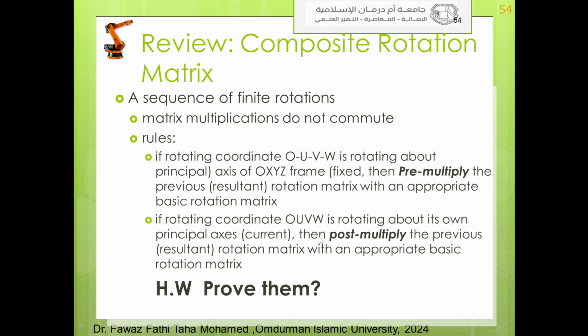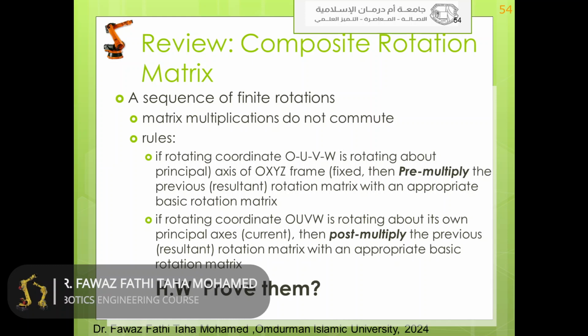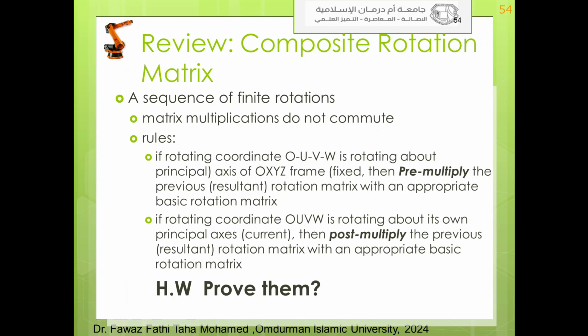matrices that rotate in each stage around the current rotation matrix. The current case means the previous rotation matrix with respect to the next rotation matrix.